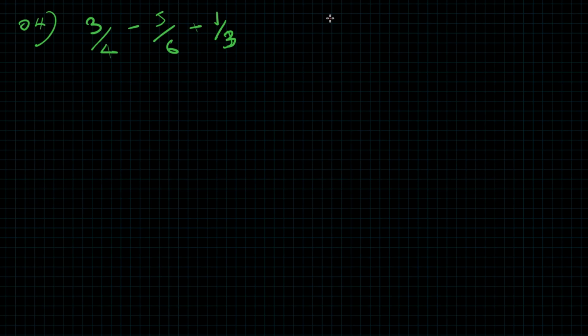For that, let's figure out how we can calculate the smallest common multiple of 4, 6 and 3. As you can see, you can figure it out if we multiply 4 by 3 we get 12, and we can divide 12 by 6.